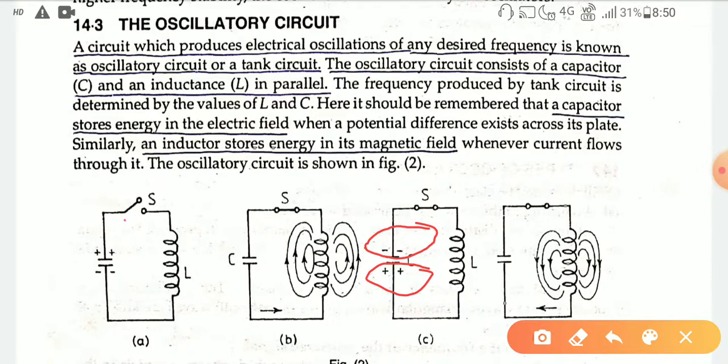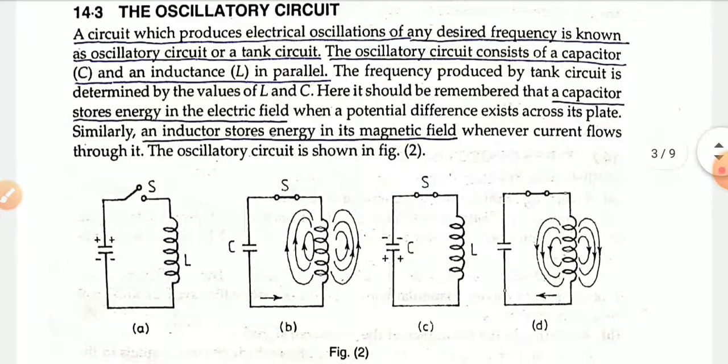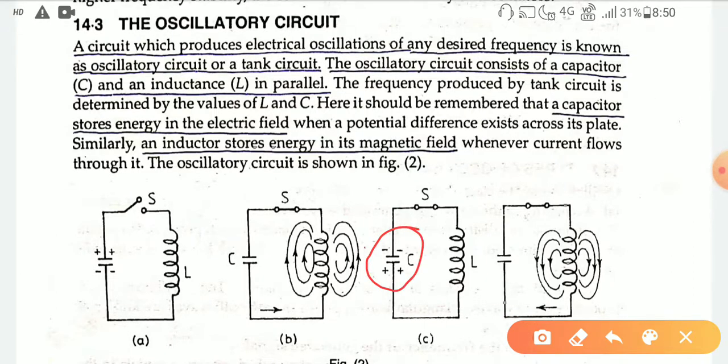That is the reverse of what occurred in figure A. Again, as the switch is on and a closed path is present, the electric field will be transferred to the inductor as a magnetic field, which again tries to oppose, and a current will be produced in the opposite direction.